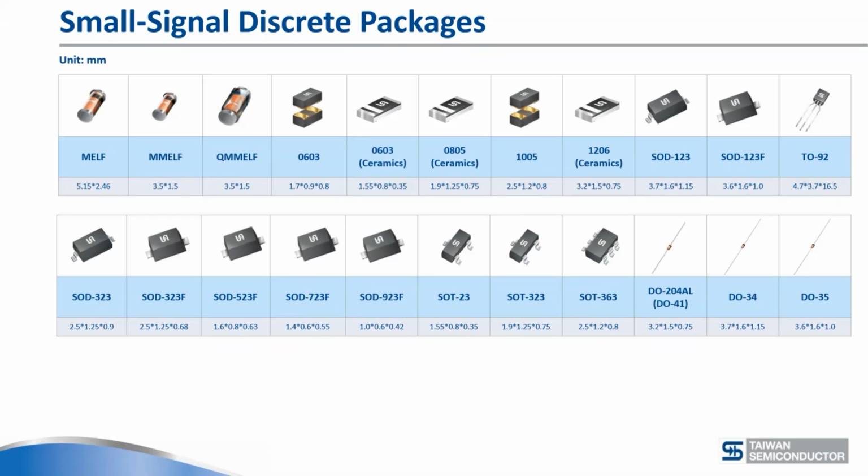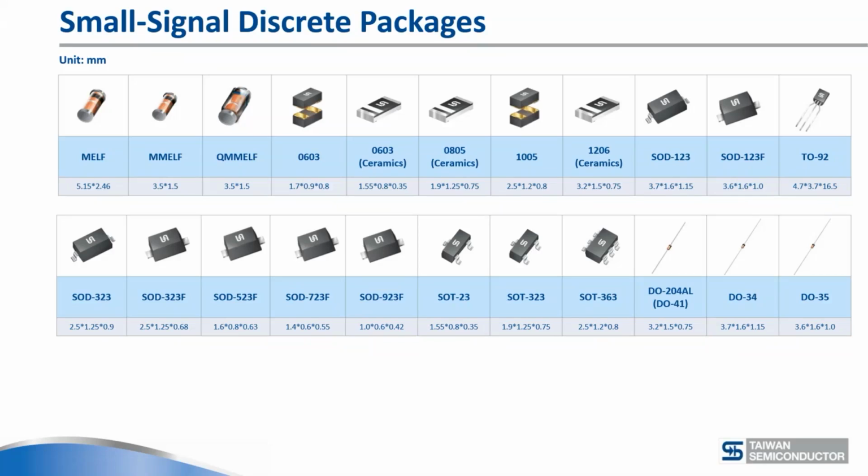Obviously, some people would say, hey, you're missing the DFN package, the small square packages. That's correct. We're probably going to talk to you about those in a webinar soon, as we are planning them and have them in the pipeline in our roadmap for ESD devices. If you're in ESD and you have these mega fast data rates, then every millimeter of lead frame is an added inductance and is negative for these devices.